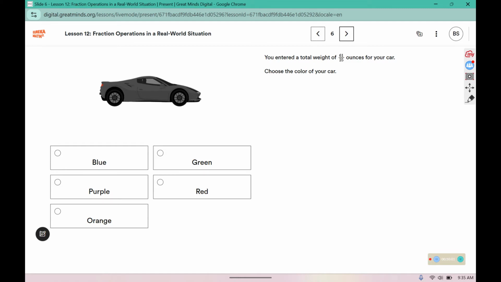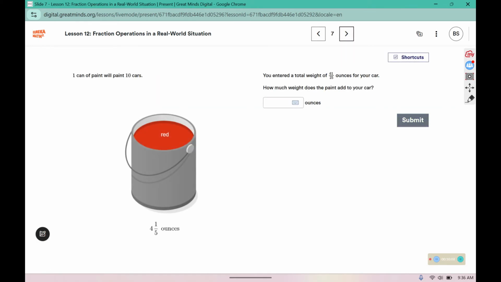Choose the color of your car. I'm going to go with red. 1 can of paint will paint 10 cars. How much weight does the paint add to your car? So 4 1/5, that's 4 times 5 is 20, plus 1 more, 21 fifths.